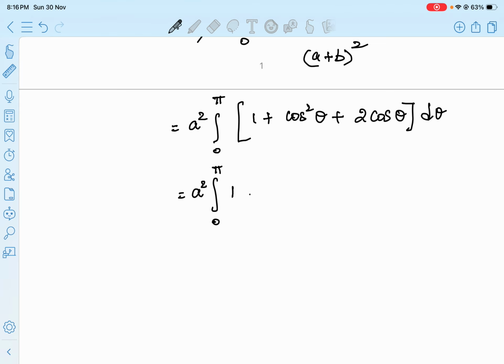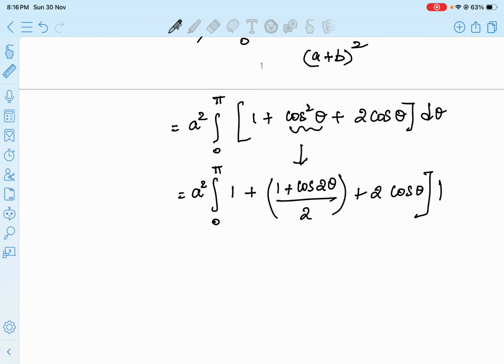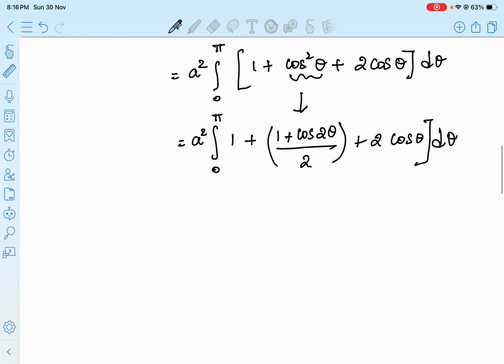So 1 plus, we can write our cos square theta as 1 plus cos 2 theta by 2. Okay, this cos square theta is replaced as 1 plus cos 2 theta by 2, and we have this 2 cos theta into d theta. Okay, again I am going to take this 2 outside. So a square by 2 integral 0 to pi.